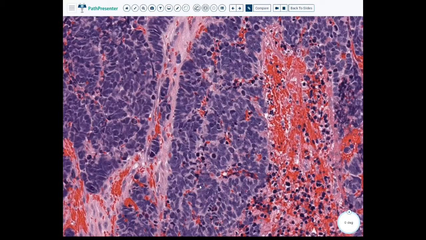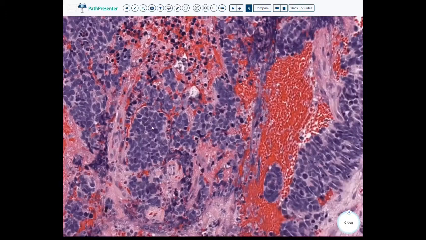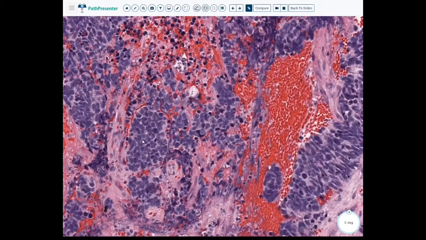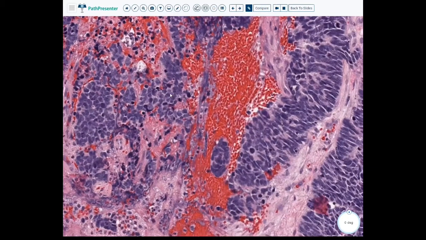That's part of the reason why they are molded on each other, which means that they're impressing on each other and forcing the cells to take different shapes. So kind of like if you had Play-Doh or plasticine and put those into a smaller area, they just kind of take on the shape of what's around them.